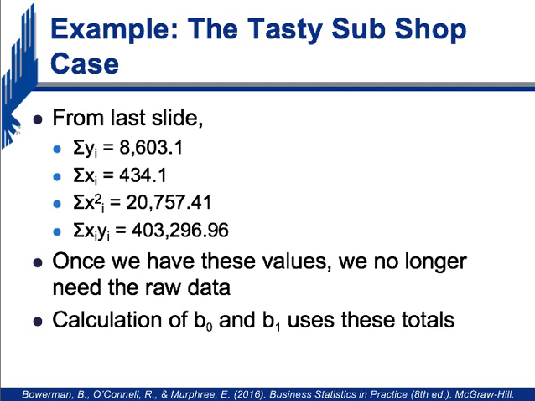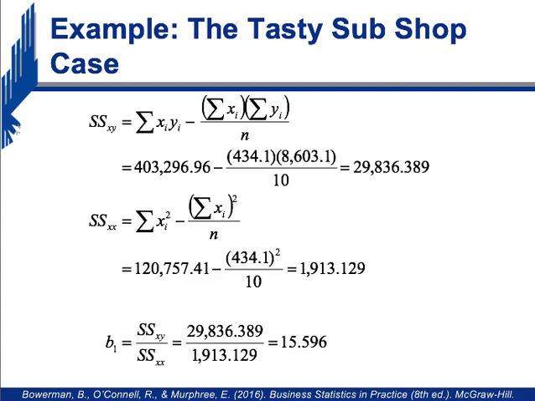From the last slide, we were able to get those summations, and once we have those values, we can start computing the values of b sub 0 and b sub 1 using those totals. For SSxy, we just have to use the formula. These values were determined earlier, so just plug into the second formula for SSxy and you'll get this value.